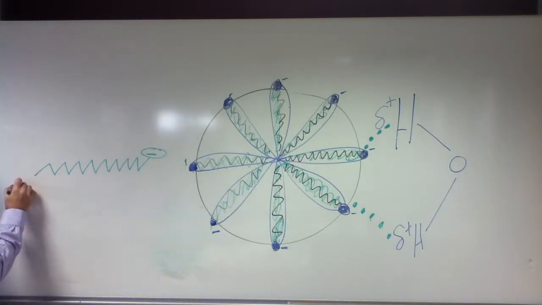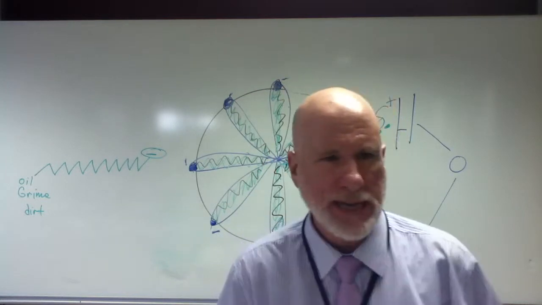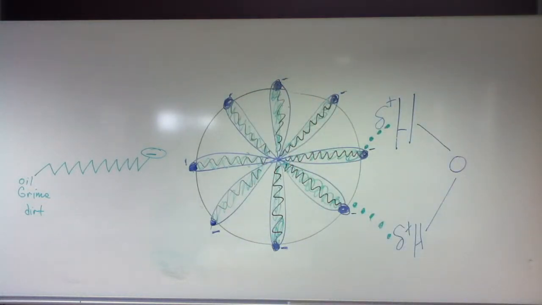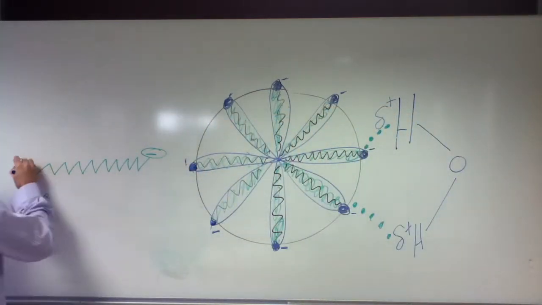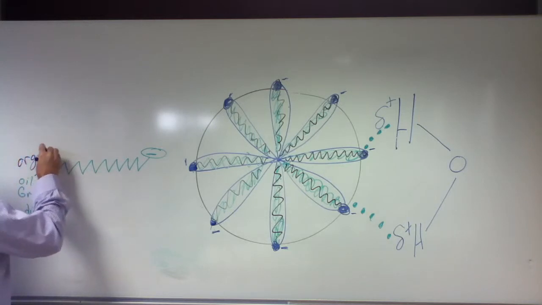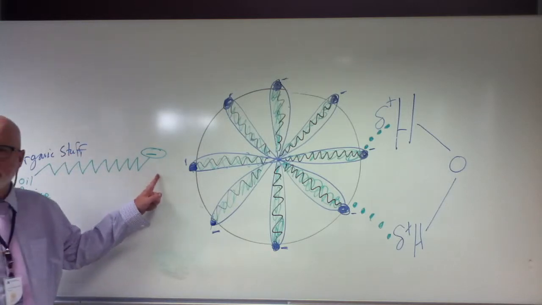is going to be, here's going to be oil, grime, dirt. Disgusting things, you know, gross stuff. Can you see that green? It's clear? So dirt. Okay, organic stuff. And what does this end attach to?